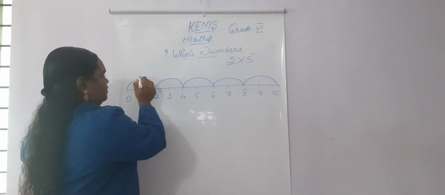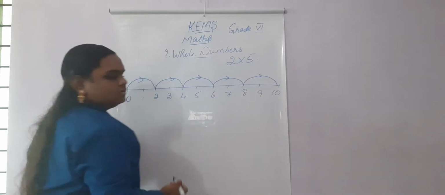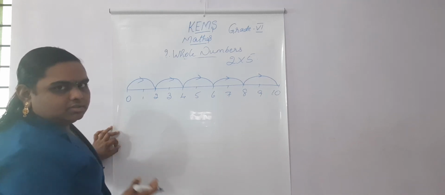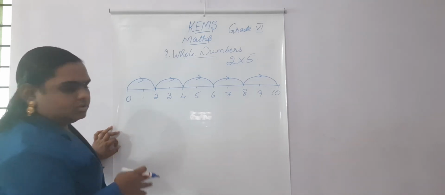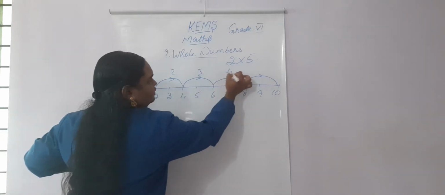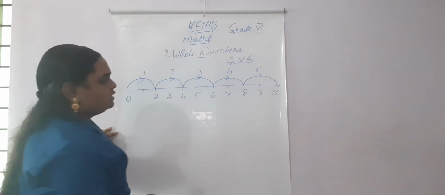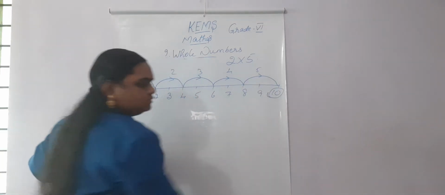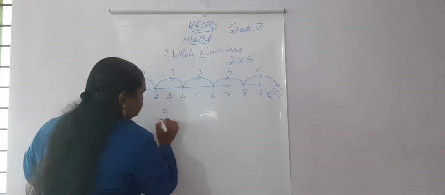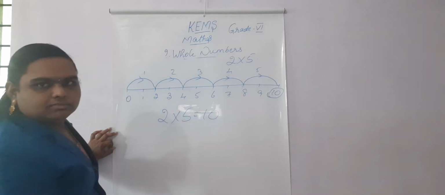So 1, 2, 3, 4 and 5. I jumped 5 times, each of 2. 5 times I finished. So at last what is the number? 10, isn't it? So 2 into 5 is equal to 10.